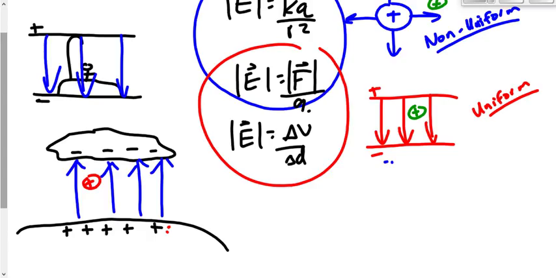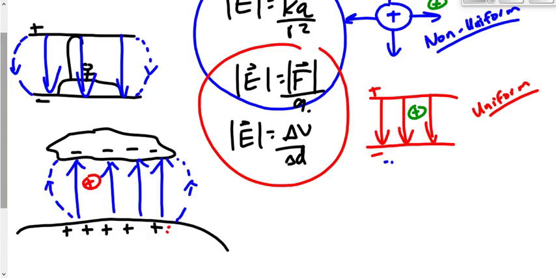Now, I want to point out one little thing that is not significant to us, in case you happen to see a picture labeled like this. Around the edges of these parallel plates, you actually have a non-uniform field. It actually curves out like this.